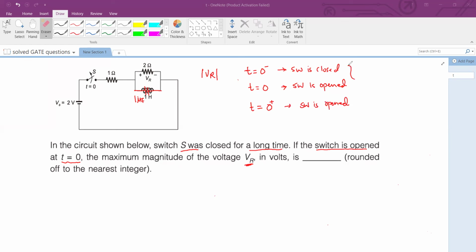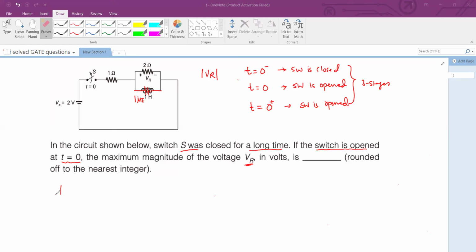So there are three stages that we have to analyze in the circuit to calculate the value of VR. How do we do that? At t equal to 0 minus, when the switch has been closed for a long time, we can redraw the circuit at that time.